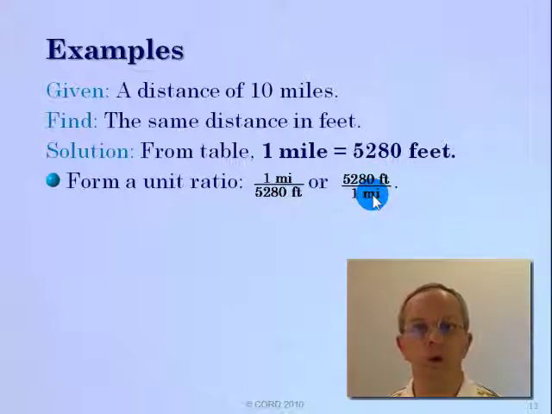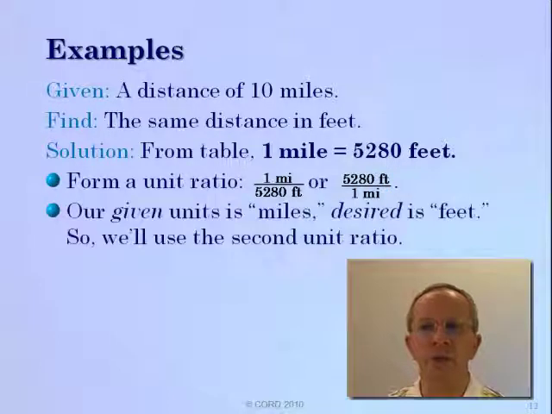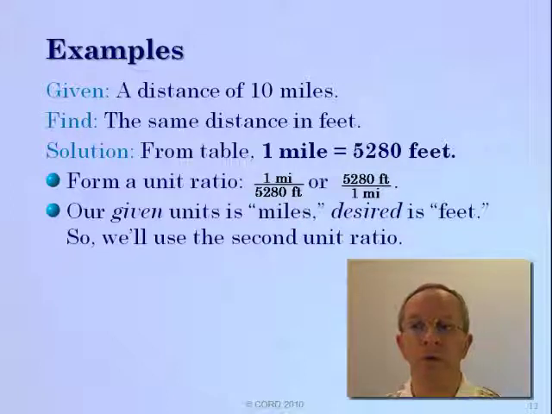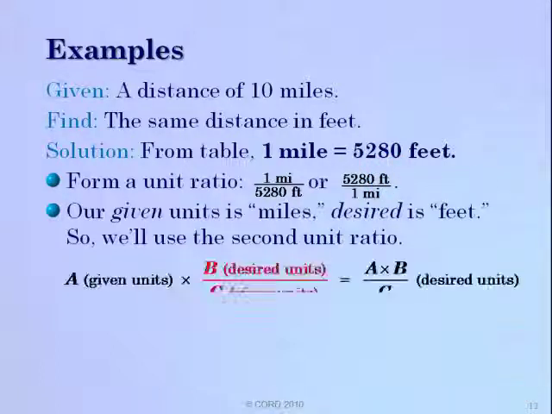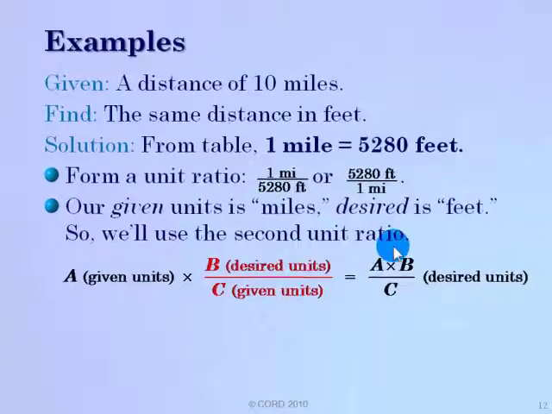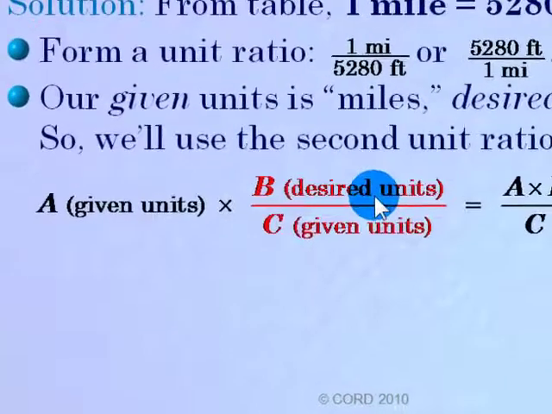Which one would be the right one to pick? Well, since our given unit is miles and the desired unit is feet, then we'll use the second unit ratio because we want the desired unit to be the numerator. Remember that expression? The desired unit will be in the numerator.